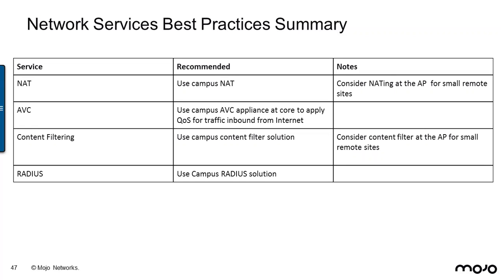You want to do AVC as close to the servers, the services, or to the internet as possible. That way, the traffic gets tagged at that end of the network, so that when voice or video traffic or whatever traffic goes through the network, it's going through the switching infrastructure with the proper priority. So that's part of the whole end-to-end strategy, right?